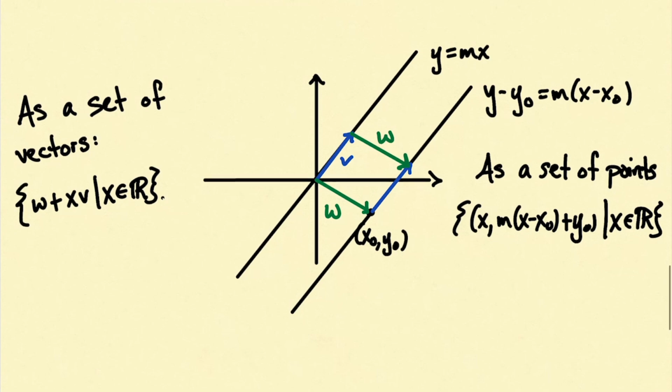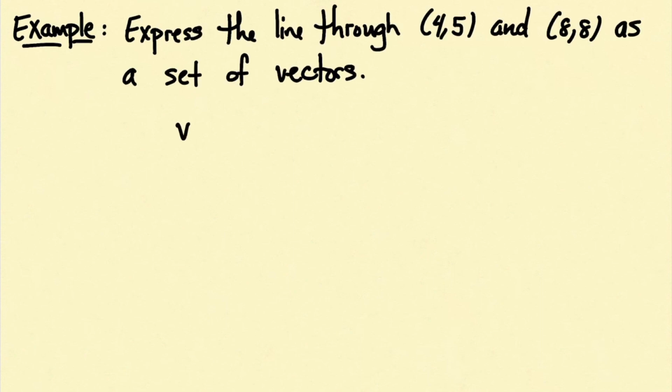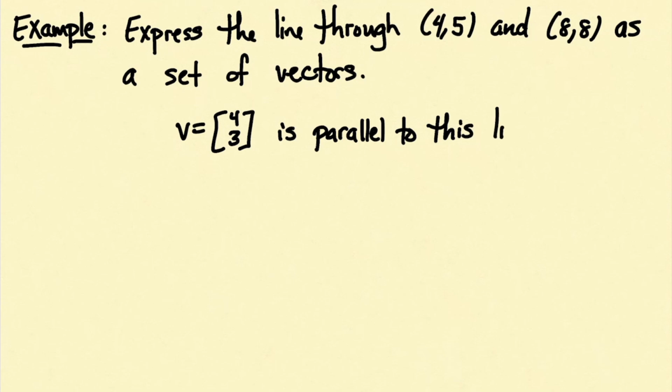As an example, we'll express the line through (4, 5) and (8, 8) as a set of vectors. We've already computed a vector with integer entries, which is parallel to this line that we want. That's the vector with entries 4 and 3, which we'll call v.